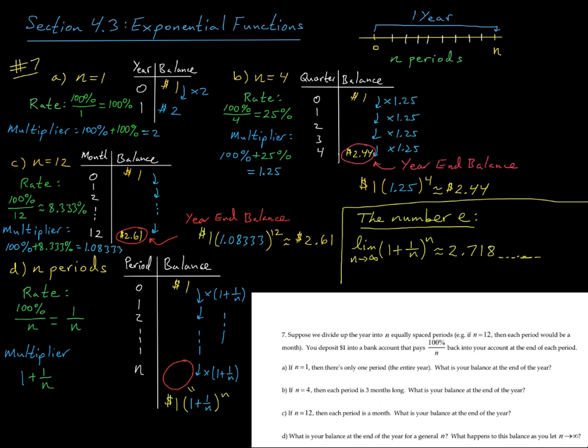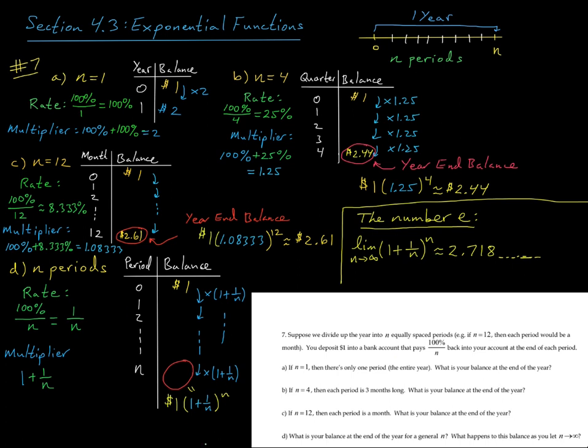But in this scenario, this really is more of a finance question. If we break up the year into different numbers of periods, each one of these payments is referred to as a compounding. If I compound my account once versus 4 times versus 12 times, I can see the amount my dollar will grow to is going up. But what we're showing here is that there's an upper limit to that.